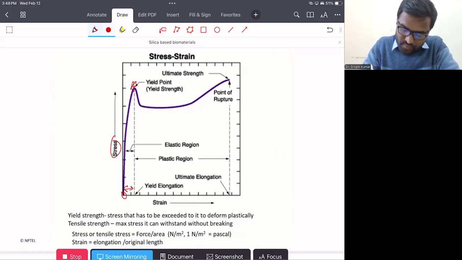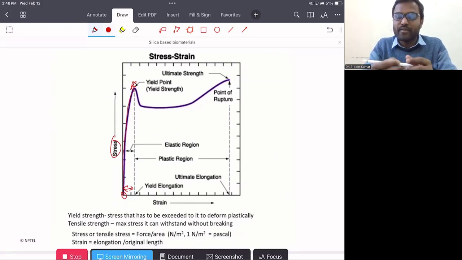So we can say from here to this position, this area is called the elastic region, because when you release the pressure or the stress on this material, the material will come back to its original position. You can elongate it and then it will come back to the original position, and that is called elastic behavior in this particular region.